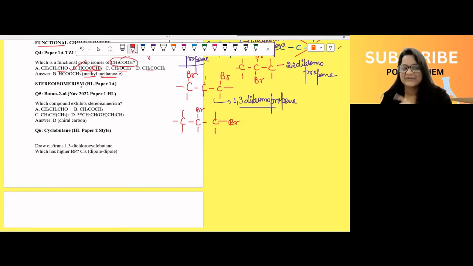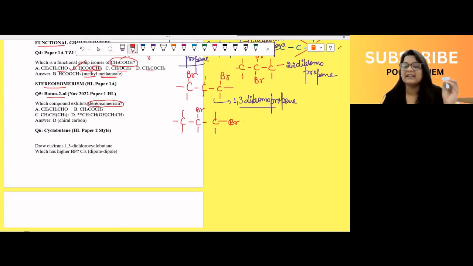Next, stereoisomer is butanol. Which compound exists as stereoisomers? Remember, stereoisomers are optical isomers or geometrical isomers. For geometrical, you should have a double bond present between the carbons, and for optical, you should have an optically active carbon, which is called chirality, optical activity.